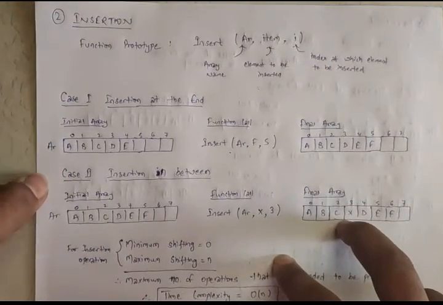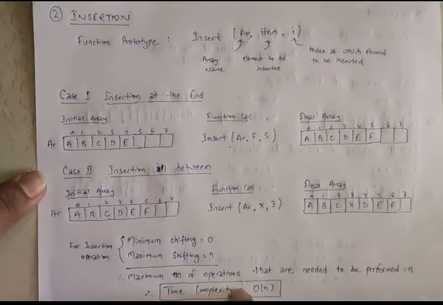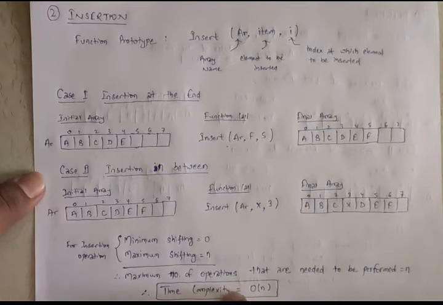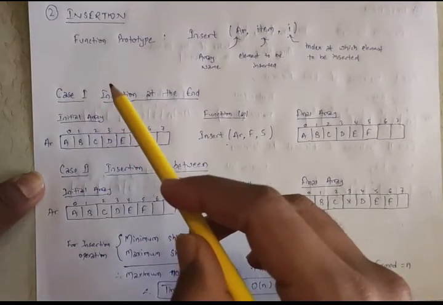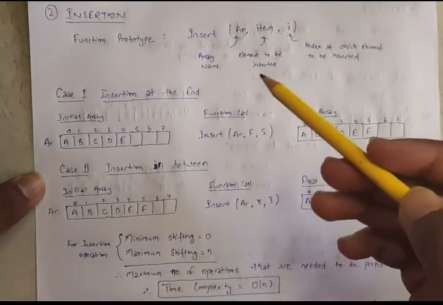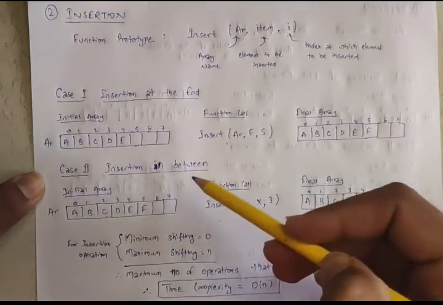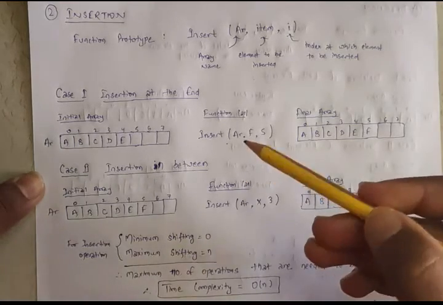Now we would discuss another operation on an array, which is insertion. Here also we would see how this is performed, and the analysis, means the time complexity of this operation.